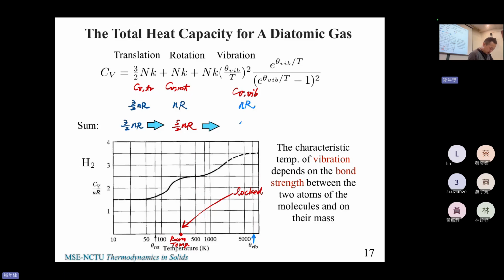So it will be 7/2 NR. After theta vibration, it will start to become 7/2 NR. The characteristic temperature of the bond depends on the bond strength between the two atoms, which means it can activate at a higher temperature, 5,000. Oh, so big.